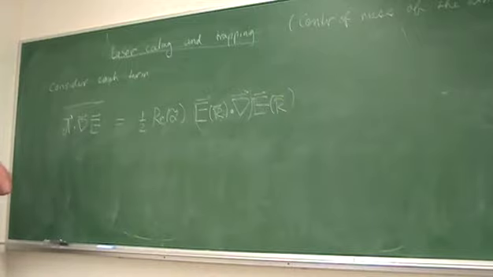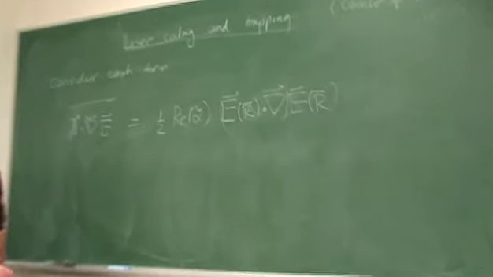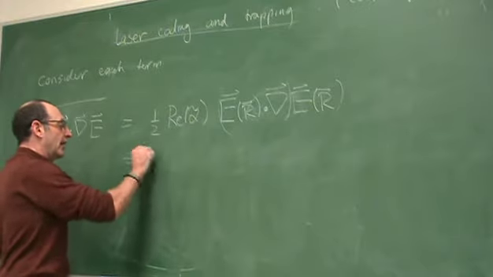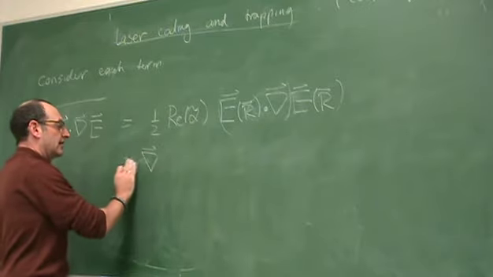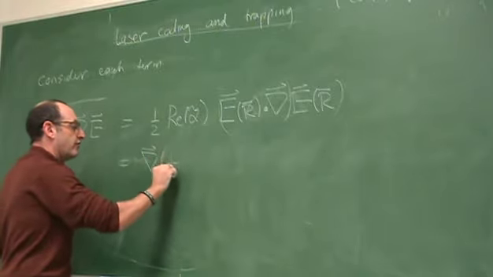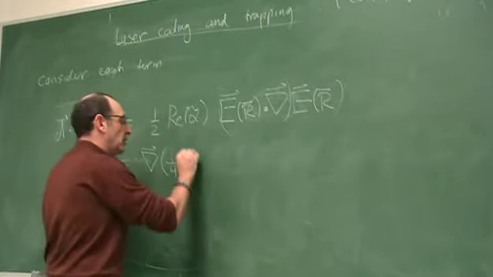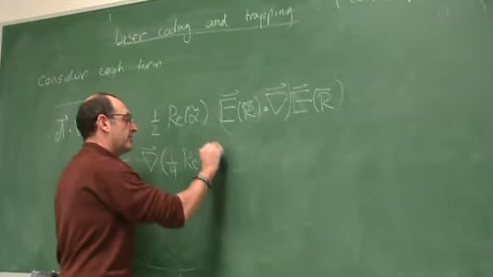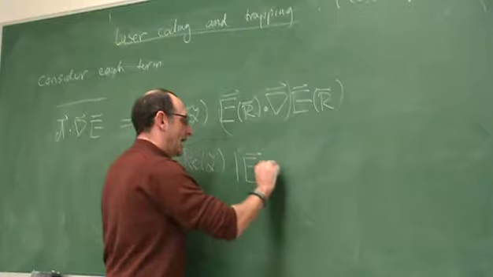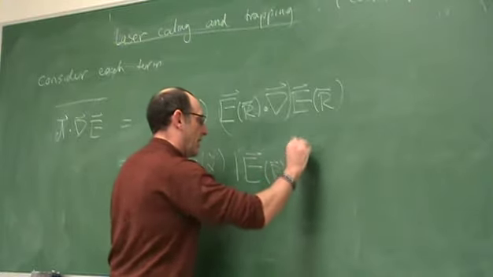So, what is this expression? Well, this expression is the gradient of 1/4 the real part of the polarizability times E dot E, or the magnitude of E squared.